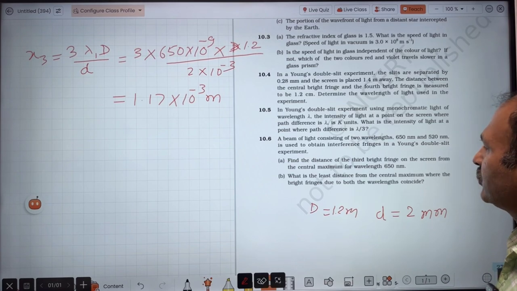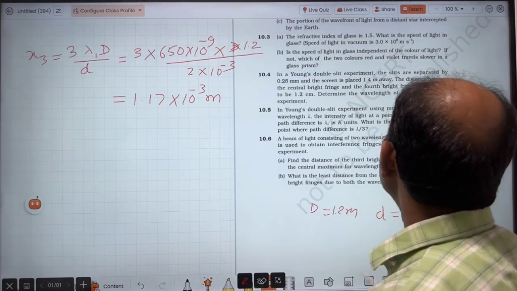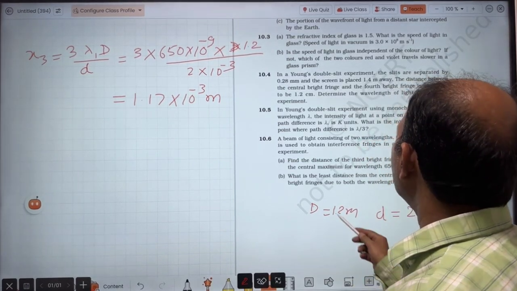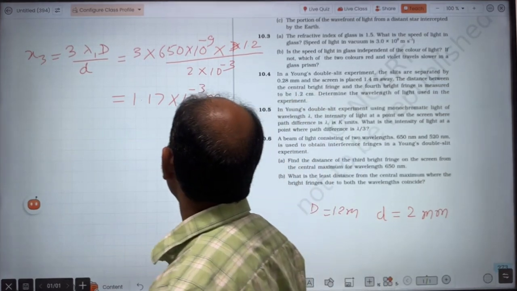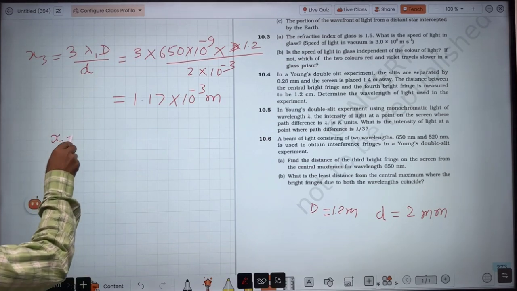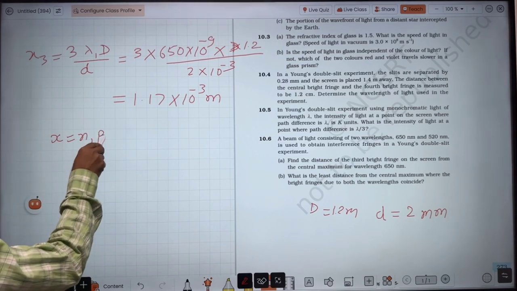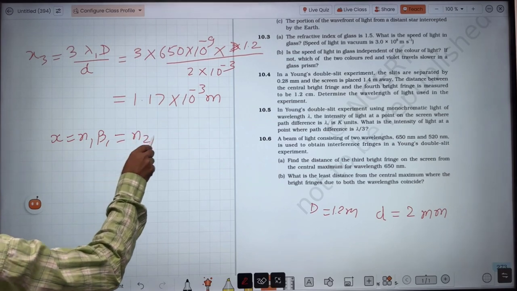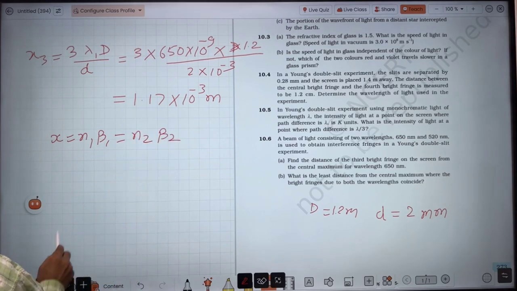Now, second case, we have to check what is the least distance from the central maximum where the bright fringes due to both wavelengths coincide. So we have to consider the situation when the bright fringes of the two coincide. For that purpose, we write the condition: suppose x is equal to n1 beta 1 must be equal to n2 beta 2, right?